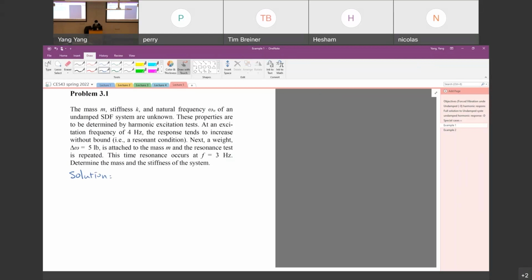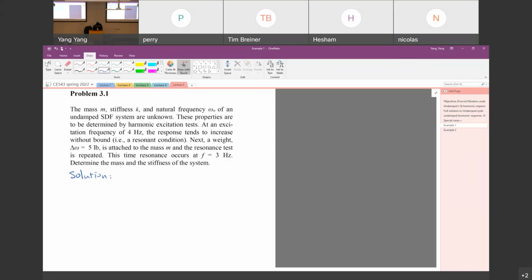So when the frequency of the excitation equals 4 hertz, we should be able to tell the omega.